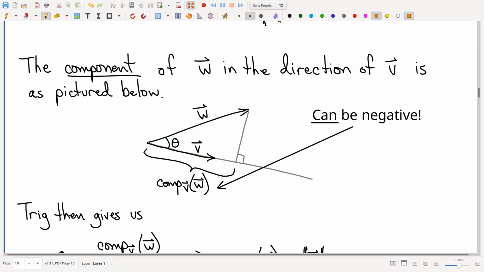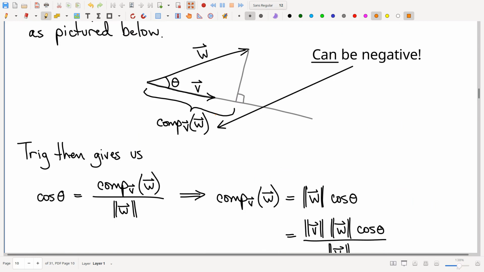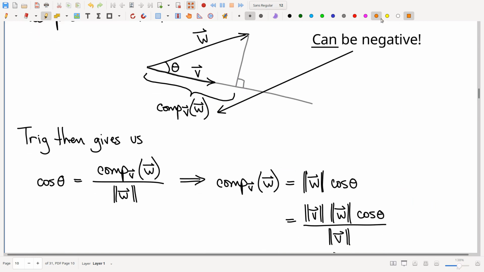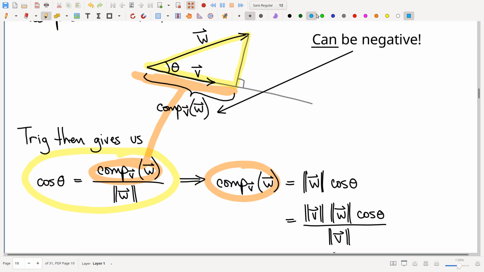And the big idea here is to notice that we have a right triangle here on which we can do a little trig. Trust you all to be good with the trig. The component that I am interested in is part of that trig, which I can then solve for. And then I'm going to pull a real fast one here.